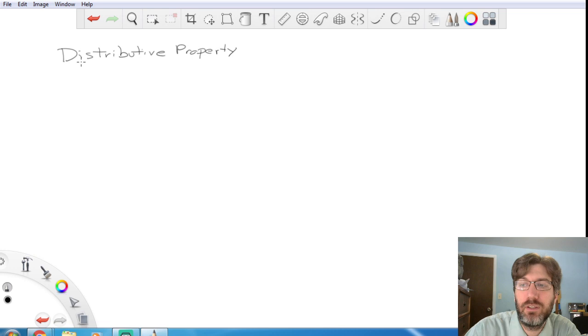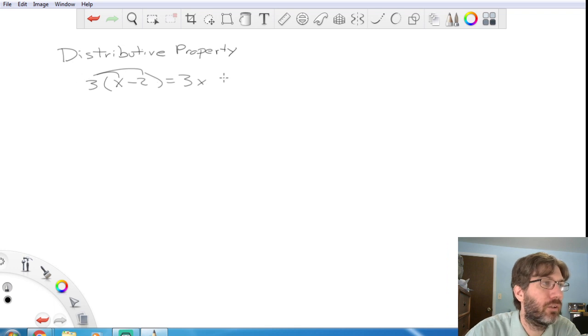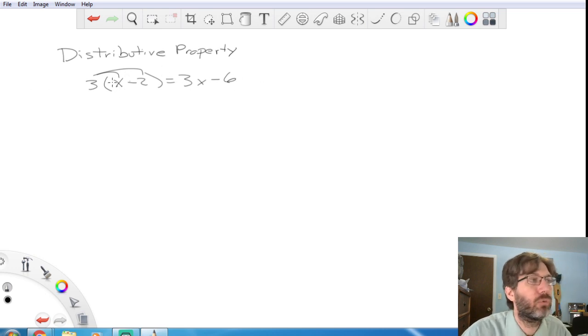This is the kind of thing where it's like 3 times x minus 2, and you distribute the 3 to the x and you get 3x, because 3 times x is 3x, and you get 3 times negative 2, which is negative 6. So this is taking things like this and moving it into this. We're just going to add this as a step for combining like terms. Normally when it comes to distributive property, it is something in parentheses, so you tend to do it first and get rid of it.